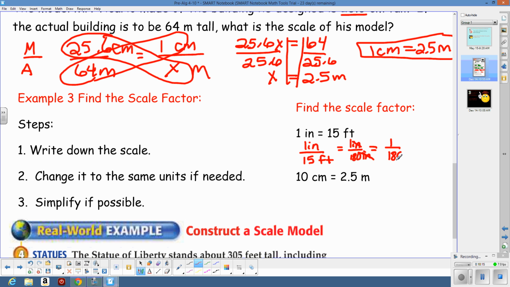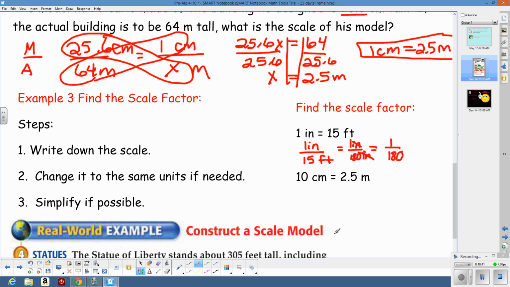We do not need to simplify this one. A scale factor of 1/180 means the model is 1/180 the size of the original. If it was a scale factor of 2, that would mean the model was 2 times the size of the original.